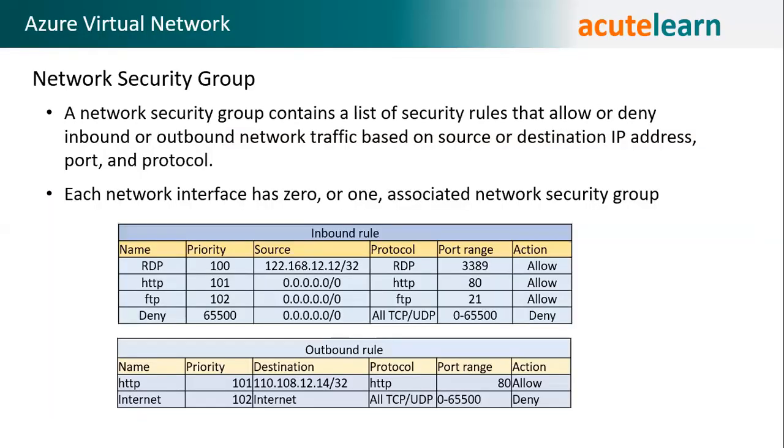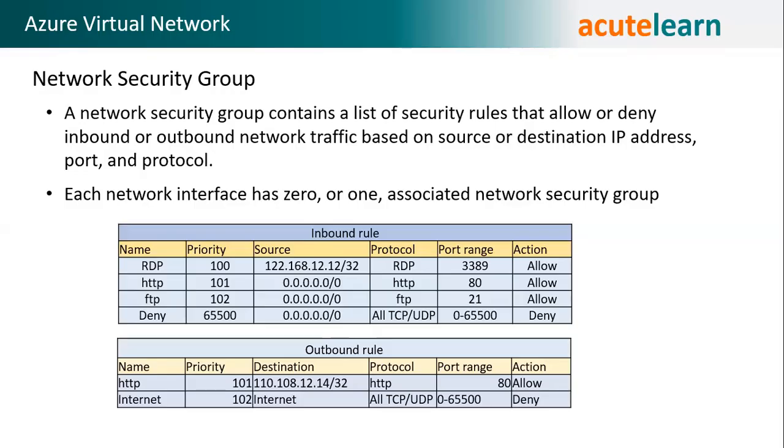Now, a network security group, as we understood in one of the lessons on virtual machines, is basically a list of security rules that can allow or deny inbound or outbound traffic. The security group is just like a firewall, which can be applied at various places.